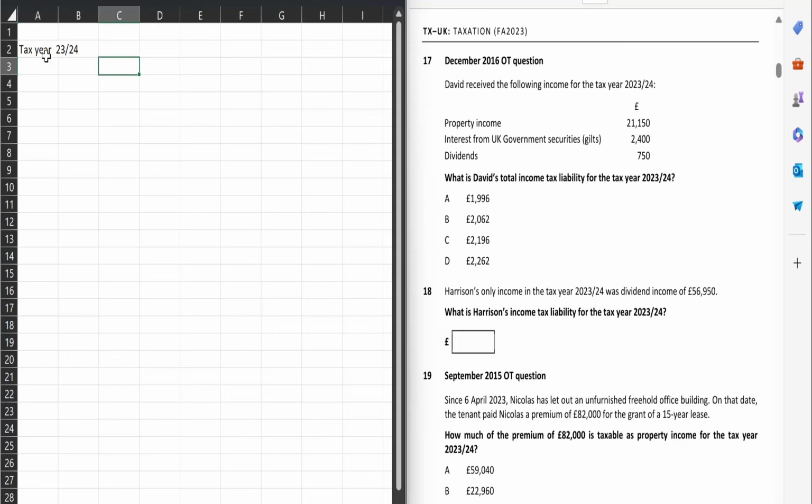In this case, we know that income for the individual is categorized under three heads, that's non-saving, then saving, and then dividend, right?